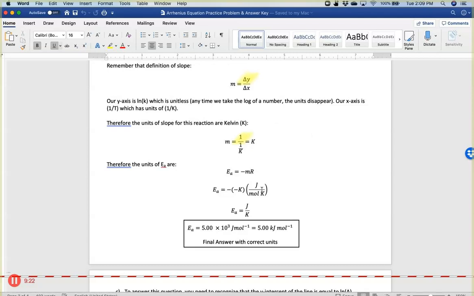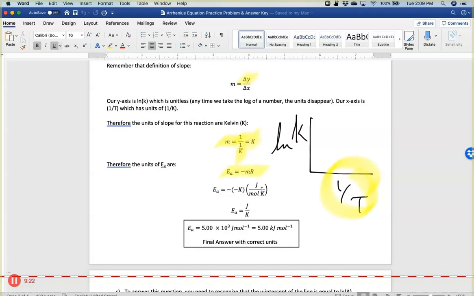My units for delta x: if I look at that graph I had up there, we said it was ln of k versus 1 over T. If my x is the units of 1 over T, that would be 1 over Kelvin. If I do that math out, it just becomes Kelvin. Therefore, the slope m has units of Kelvin.